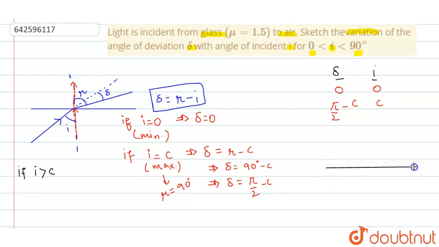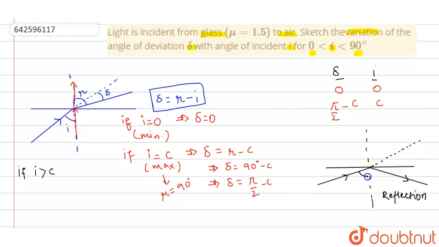Let this be the interface and this is our normal, and when the light is incident at more than the critical angle, what will happen? The light will bend and total reflection occurs. Okay, so this would be the path if the light would be refracted.